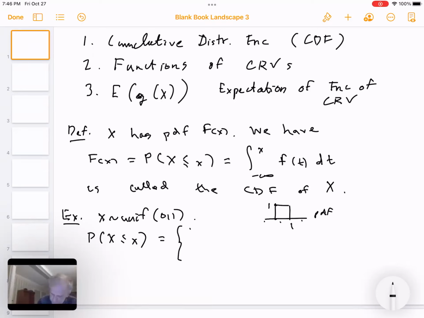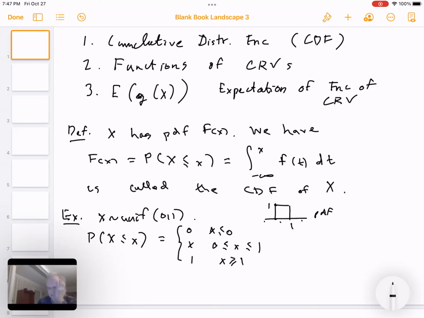So it's going to be 0 if x is less than or equal to 0. It's going to be little x if x is between 0 and 1. And it's going to be 1 if x is greater than 1. You notice that it is continuous at the piecewise points 0 and 1.